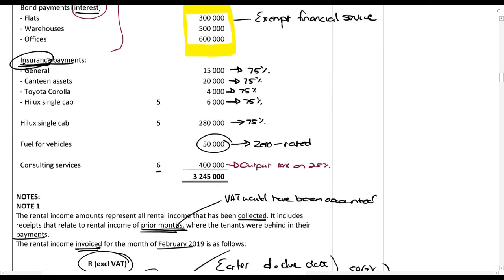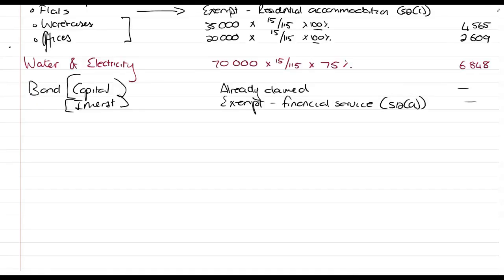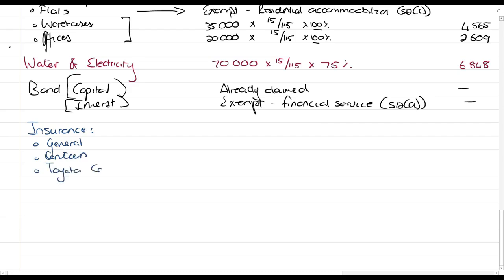Then we have the insurance payments, General, Canteen, Toyota Corolla and our Hilux. So here's our insurance. So we have General, Canteen, Toyota, Corolla, and the Hilux.